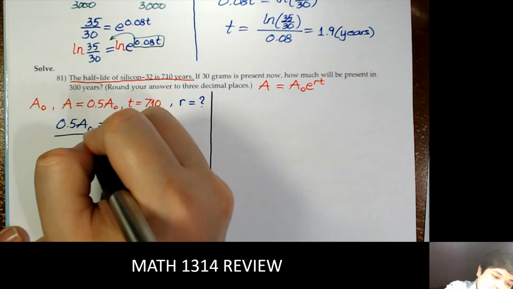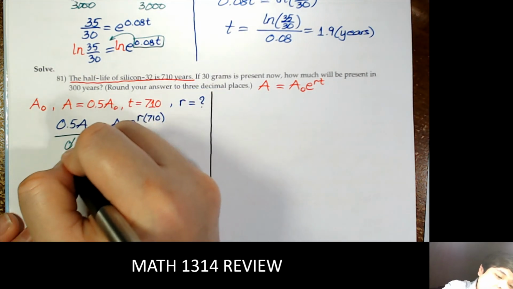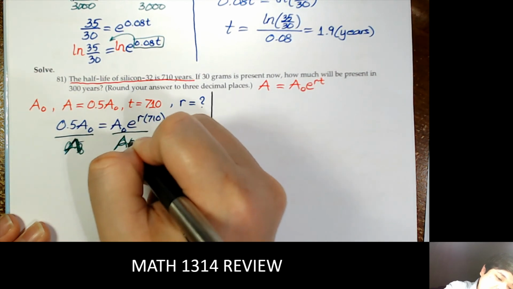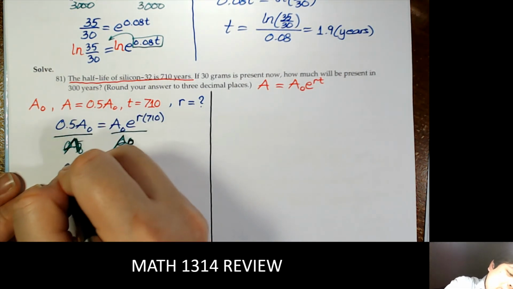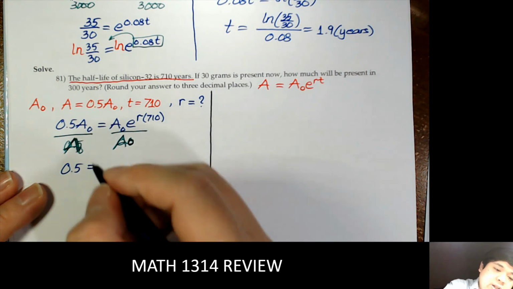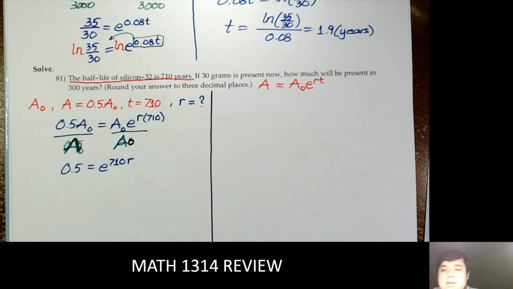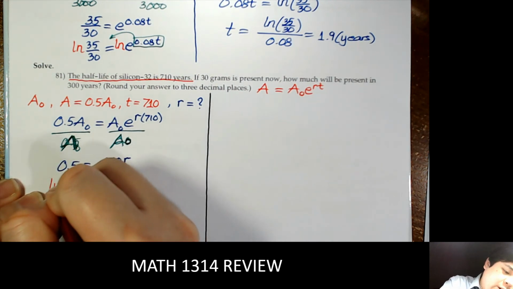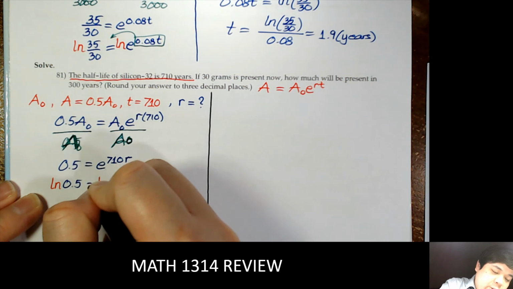First, divide by 0.5 on both sides. I'm sorry, we don't do that. Divide by A naught on both sides to cancel the A naught. So we have 0.5 equal to e to the 710 R. Next, we'll take the ln on both sides, because we're solving for the variable in the exponent, and when the bases are not equal, we take ln on both sides.